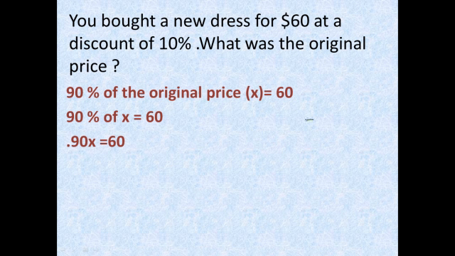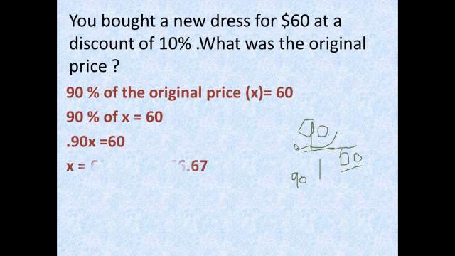Because 90% means, as you know, 90 over 100, and 90 over 100 means decimal 90. With 2 digits here, the decimal point moves 2 digits towards the left. This is just a division of decimals.